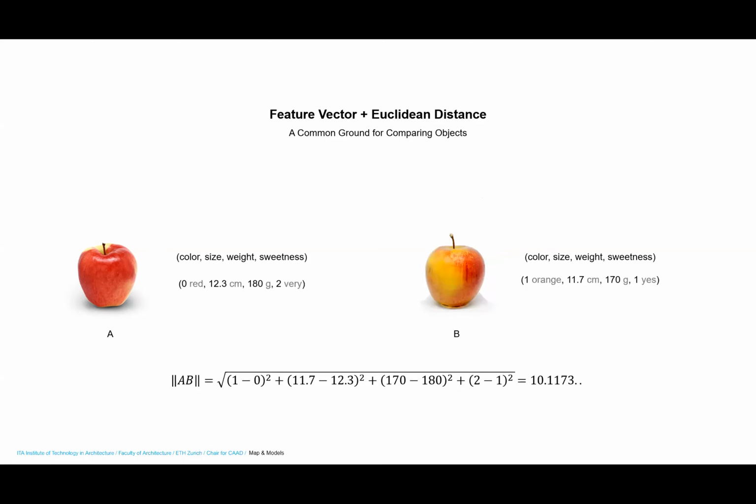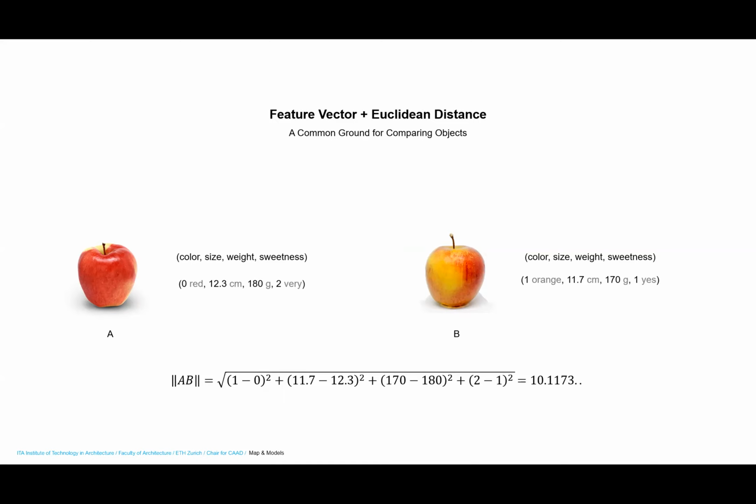So with feature vectors combined with Euclidean distance, we have a platform where we can compare objects numerically. For example, we have 2 apples, and we can compare them regarding the 4 properties I've shown. Let's say the 2 apples have different feature vectors describing them, and we can calculate the Euclidean distance between these 2 feature vectors, and we get a number.